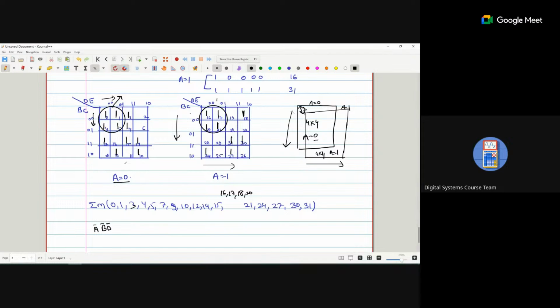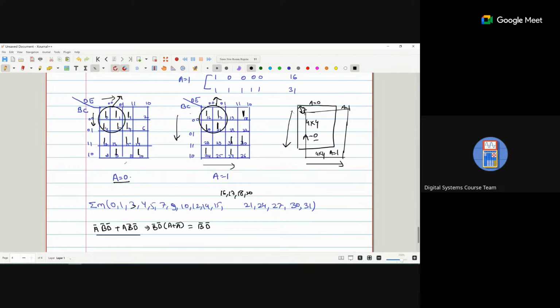And what is the equation for this other group? A B bar D bar. Now can I take B bar D bar as common? Yes, sir. So what is A plus A bar? That is 1. So only B bar D bar is available.